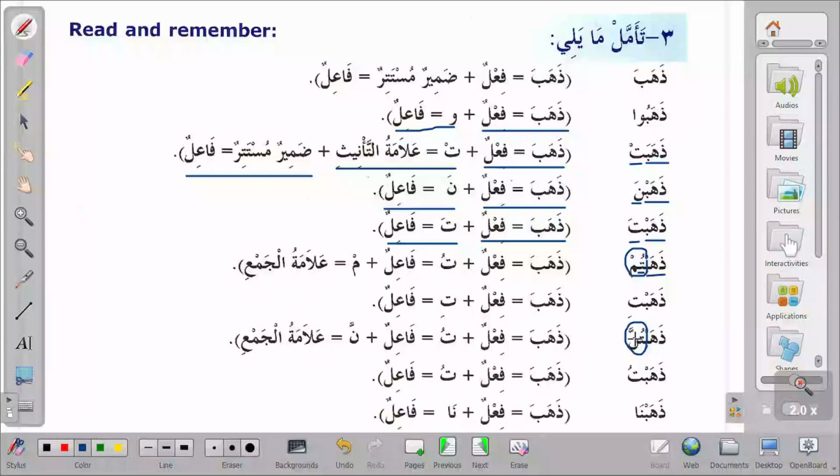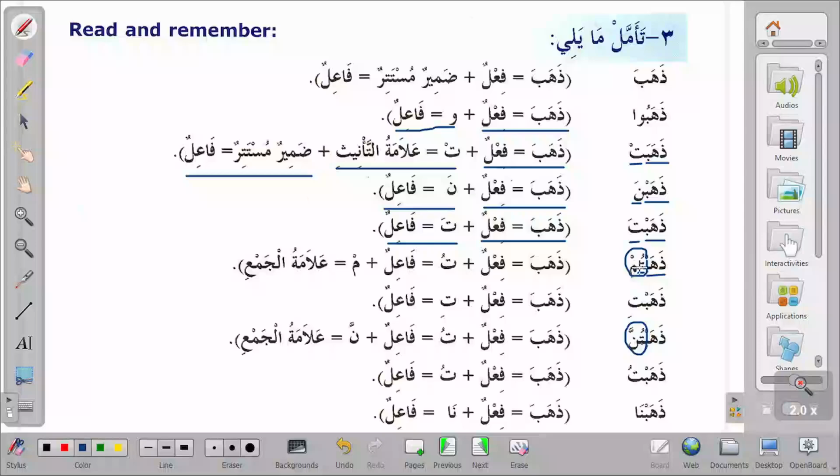The tum together is like making up the pronoun, but the main pronoun is the ta. Here, the ta is the pronoun. This is the main one. But the meem is alamatul jam'u muzakkar, a sign of masculine plural. I hope that is clear.